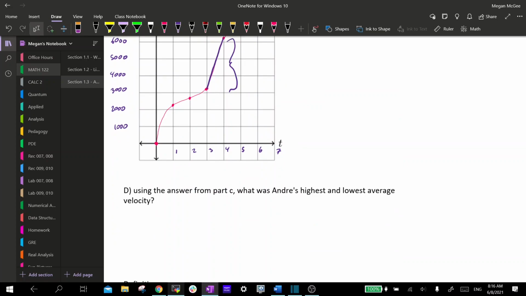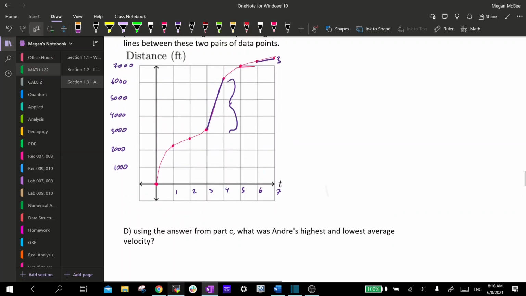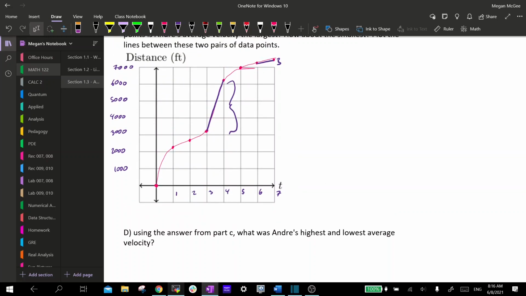And the average velocity is an application of our average rate of change. All right, so using these 2 points that we've come up with, we need to find Andre's highest and lowest average velocity.